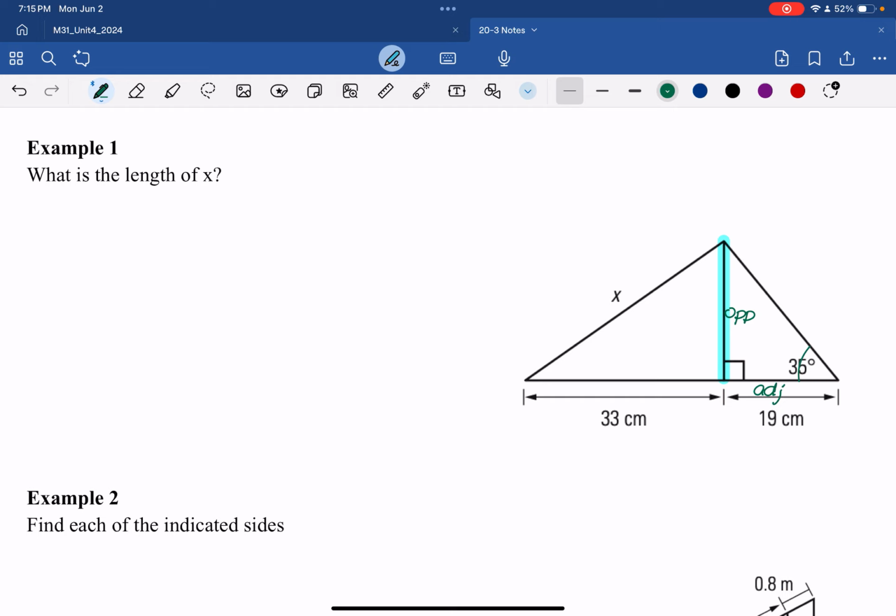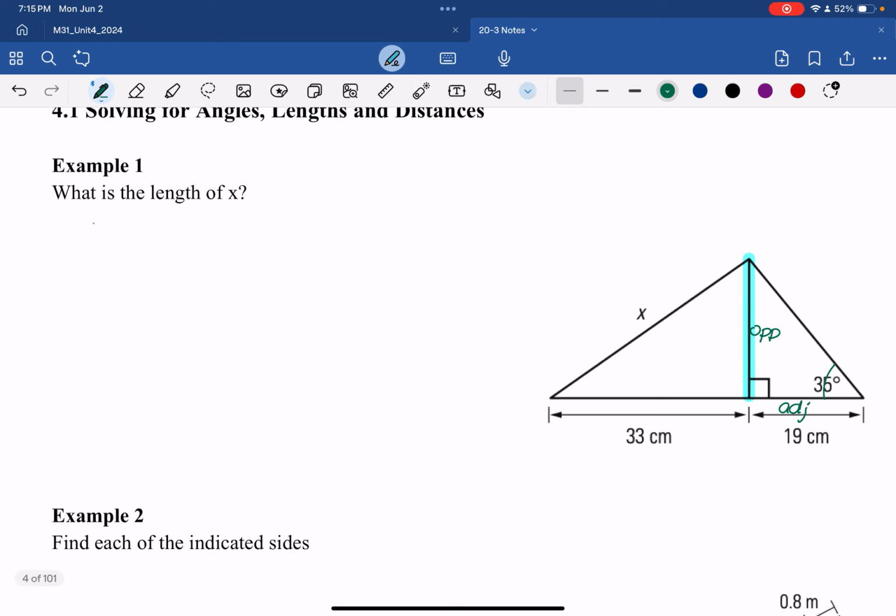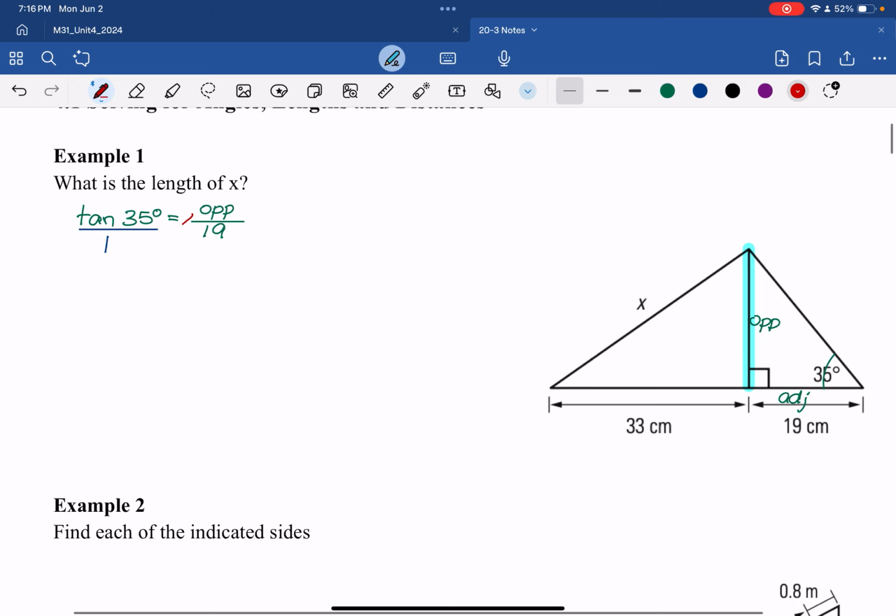So in order to find my opposite side, I have opposite and adjacent, I can use tan. Tan of 35 degrees is my opposite side over my adjacent side, which is 19. Now, one of the things you can do here is we can put tan of 35 over 1 so that we could easily cross multiply.